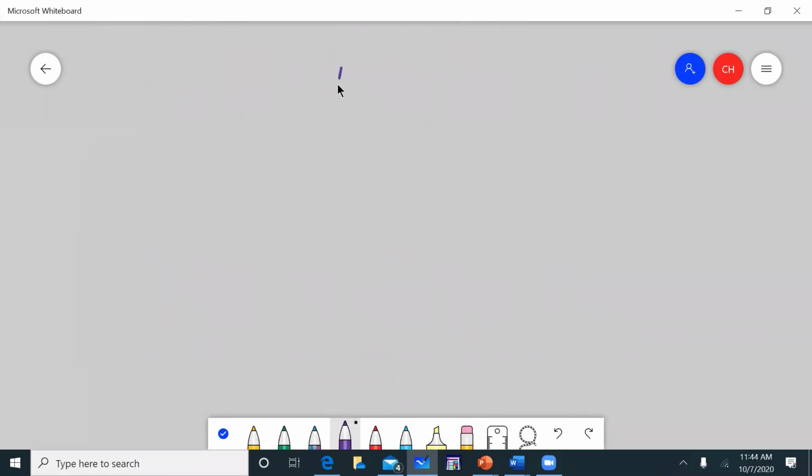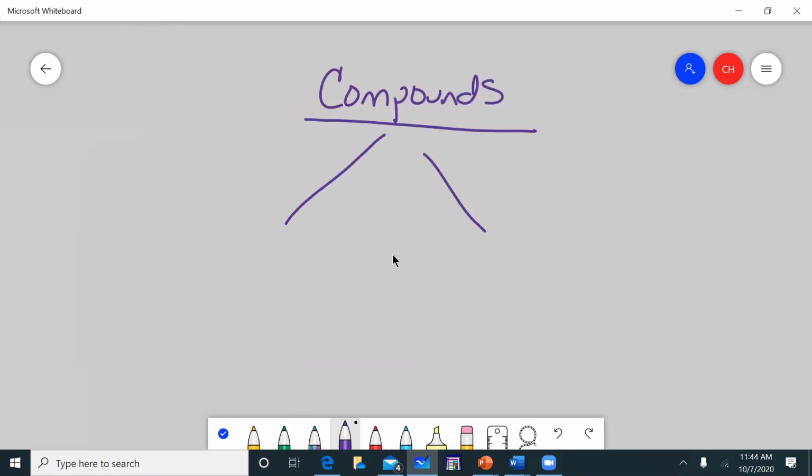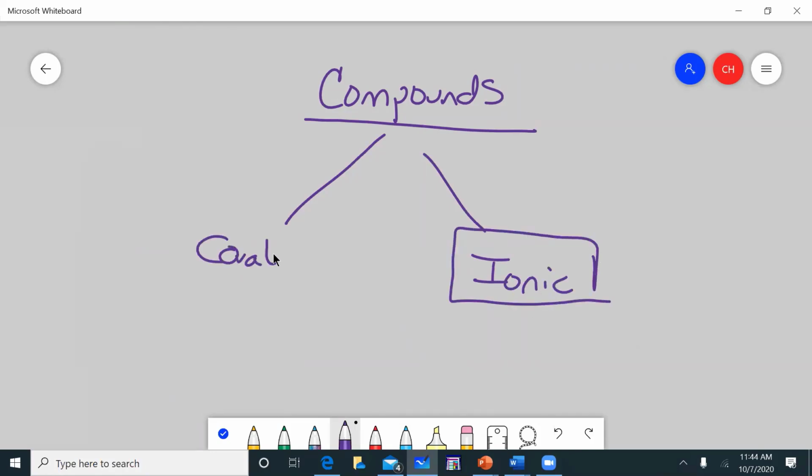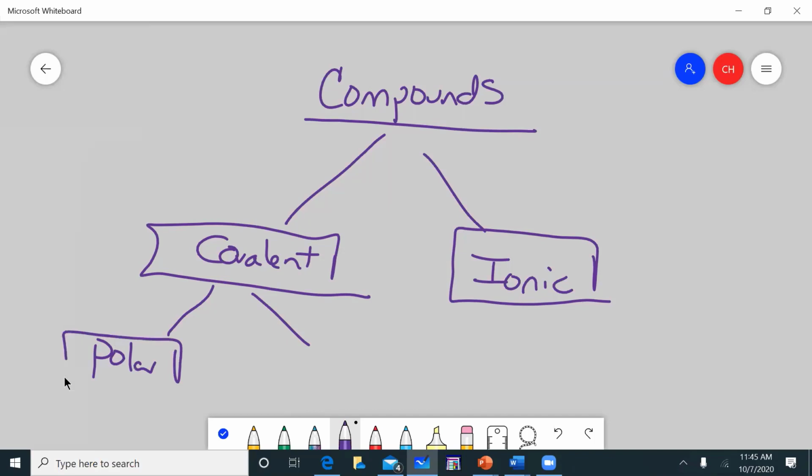We were to draw up here compounds. We would divide it into ionic or covalent. From here, we could divide it into polar or nonpolar.